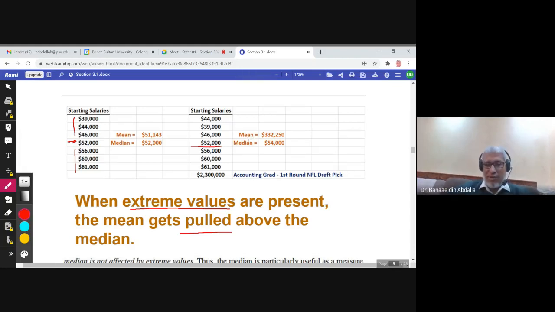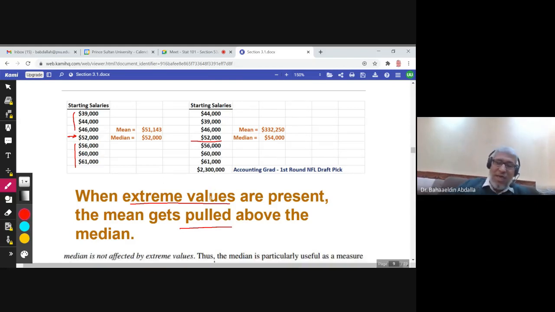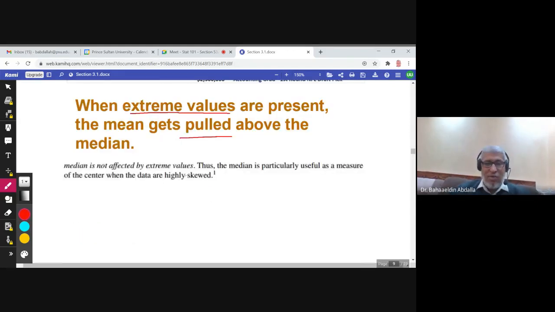So the mean follows what we know as skewness. The median is not affected by the extreme value.